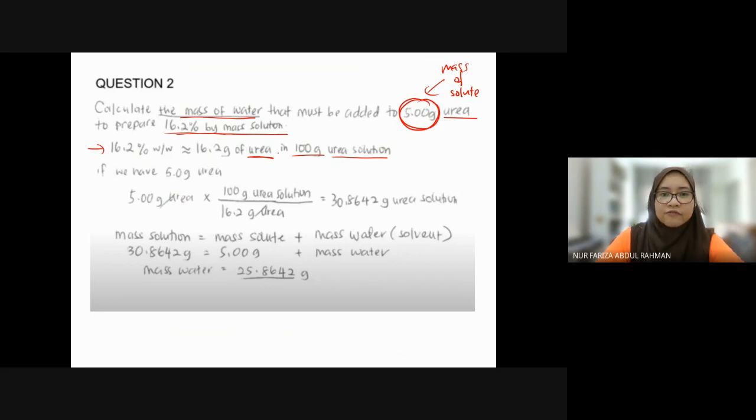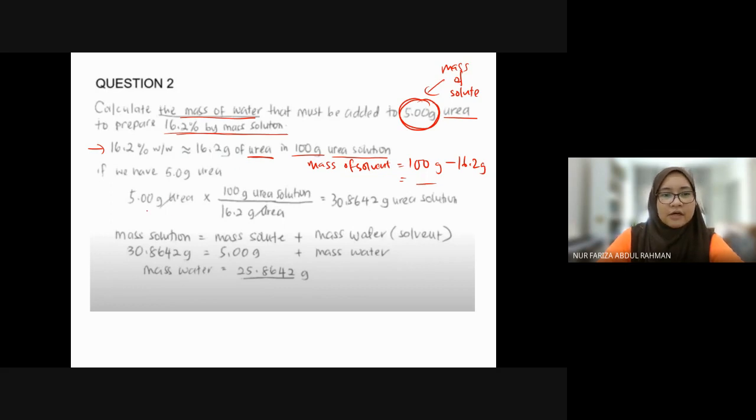From here we can subtract these two to get the mass of solvent: 100 gram of solution minus 16.2 gram of solute. This is the hidden information that we can obtain from the percent by mass given.